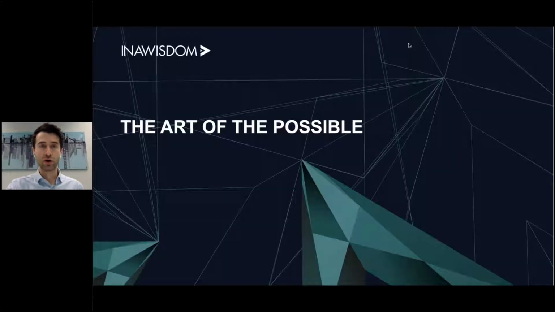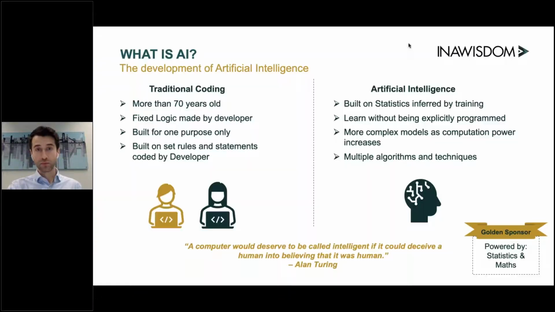Okay, now moving on to the art of the possible. There are basically two strands of how analytics work and work for you. One is using traditional coding, and the other one is using artificial intelligence. So I'm going to use a very simple example here just to make this come to life. Let's say that we have pictures of animals, and we need to understand if the animal is a cat or a dog.